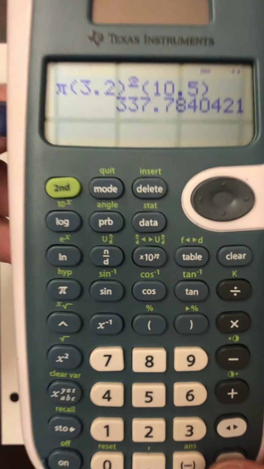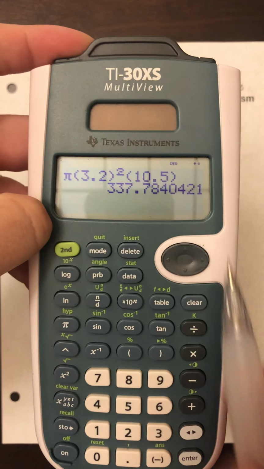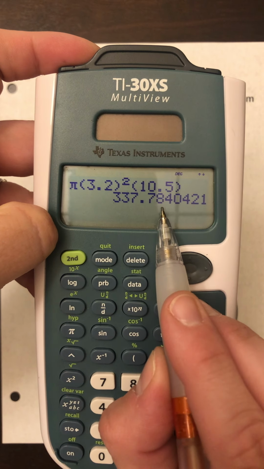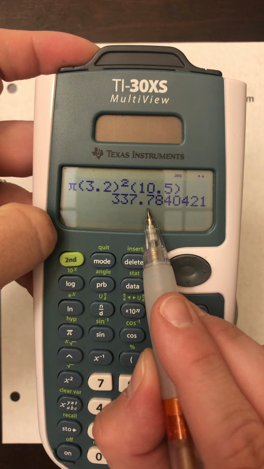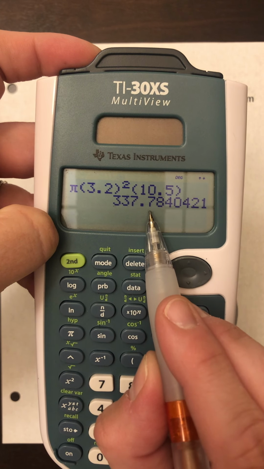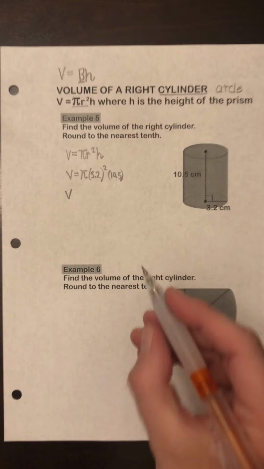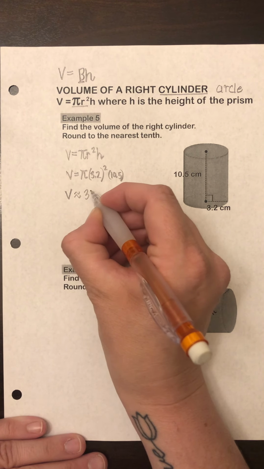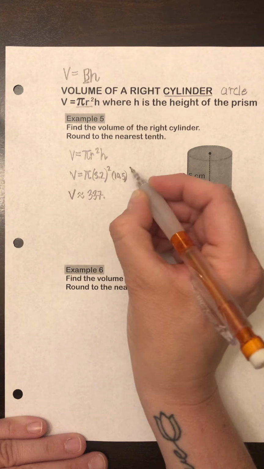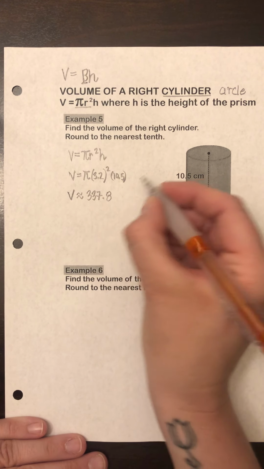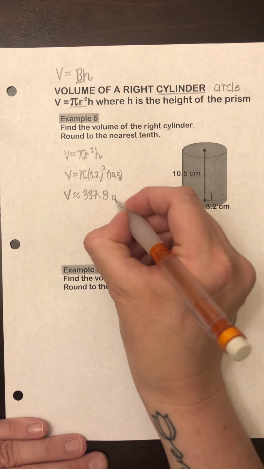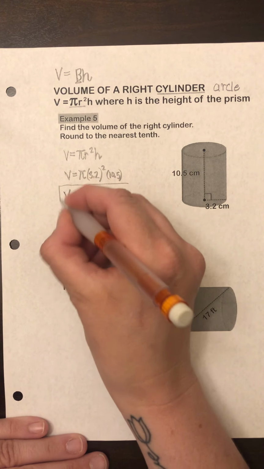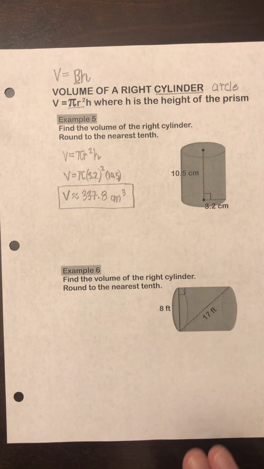And we're gonna round to the nearest tenths place. So the 8 here tells us to bump that 7 up to an 8. So we're gonna have 337.8. And again, because we are rounding, we're gonna use an approximate symbol. So approximately 337.8 centimeters cubed. Done and done.